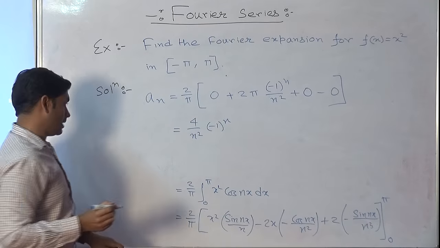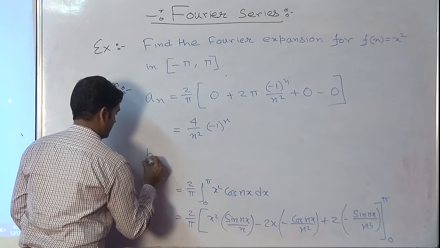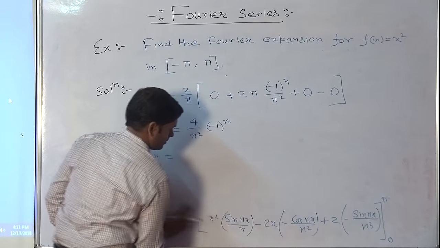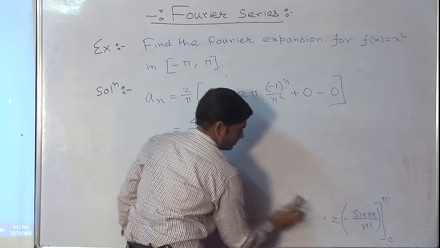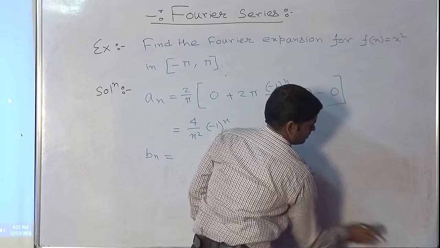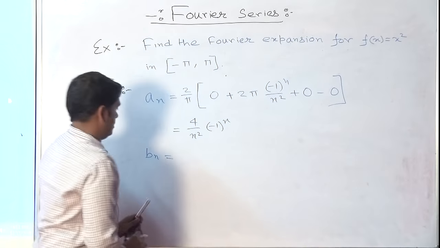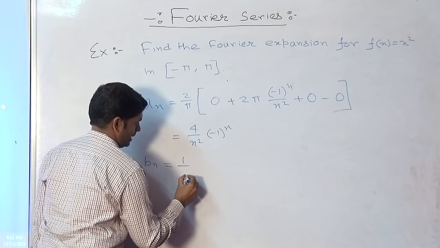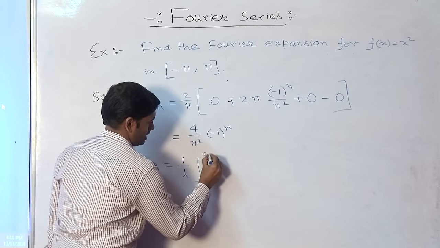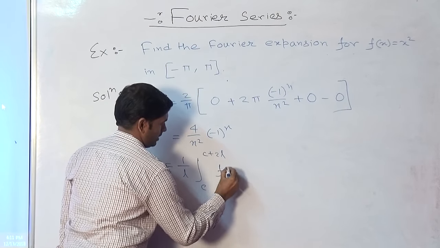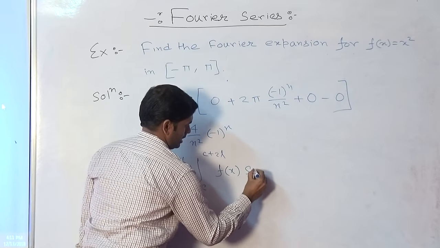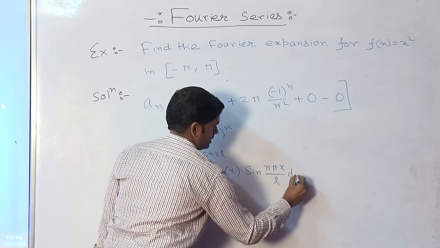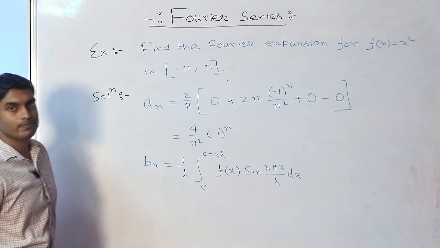Now we find what is bn, the last coefficient. Now bn is 1 by L integration C to C plus 2L f(x) sine of n pi x by L dx, right?